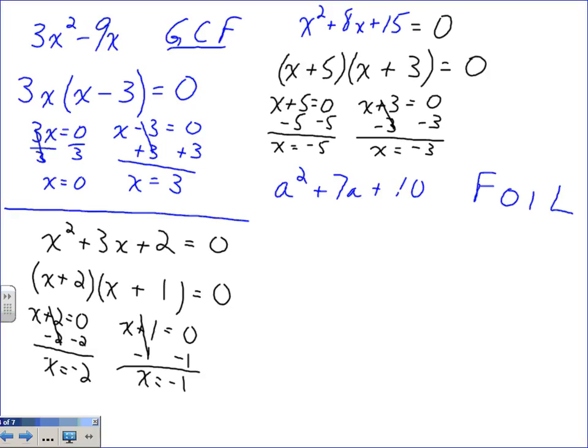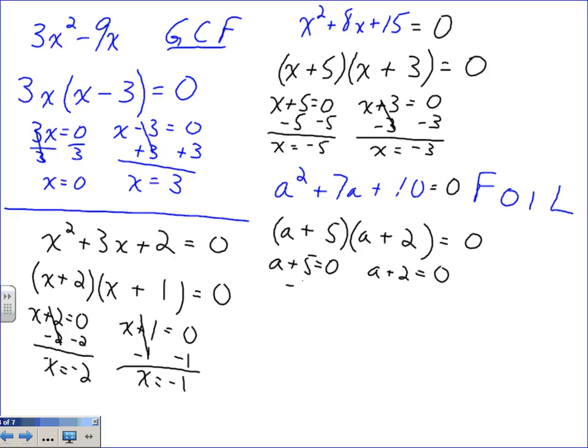So let's say we're going to factor this, a and a, and 5 and 2. We're going to make this equal to 0. And because I have a plus plus in my original problem, both are going to be positive. So either a plus 5 equals 0, or a plus 2 equals 0.